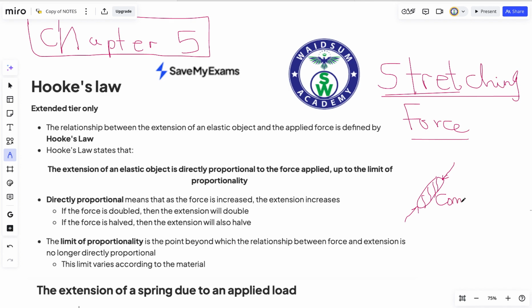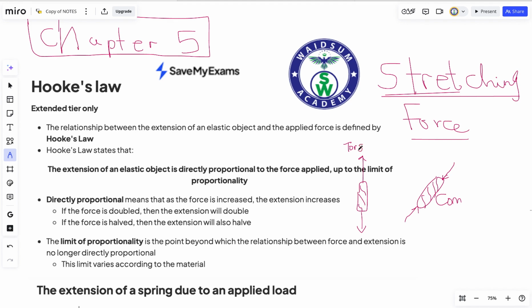Okay? Then what if we take the same object and we apply force stretching it out? For example, if we apply force pulling it apart, not pressing it together, this will be torsional force. The force acting here will be a torsional force.